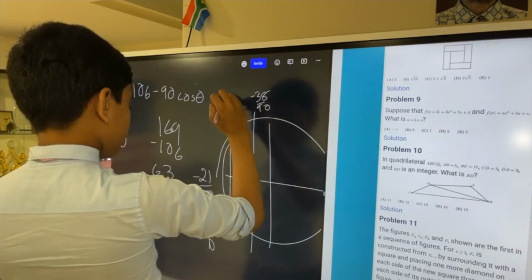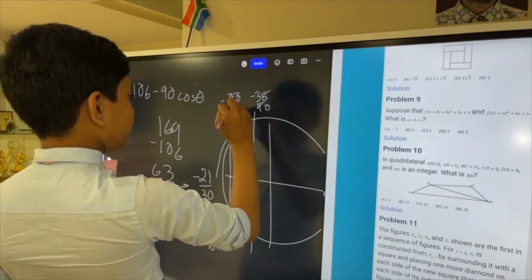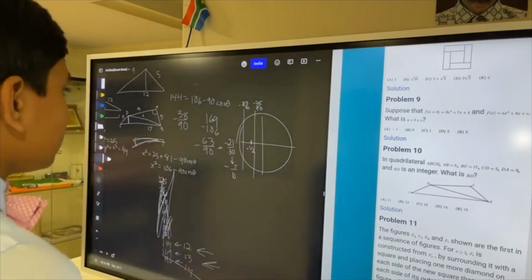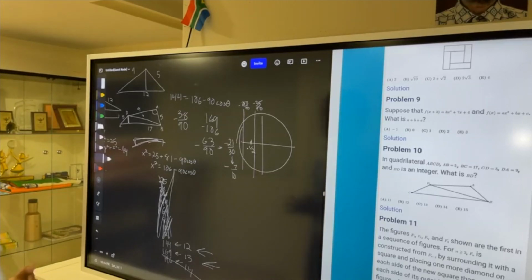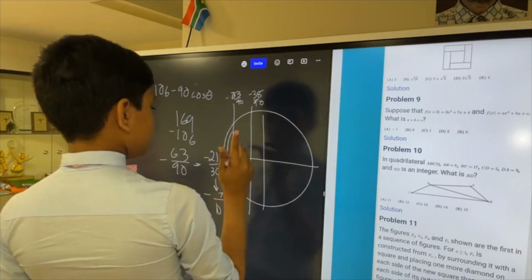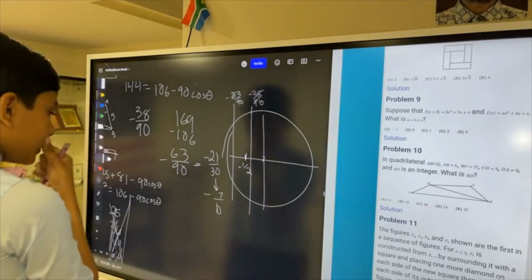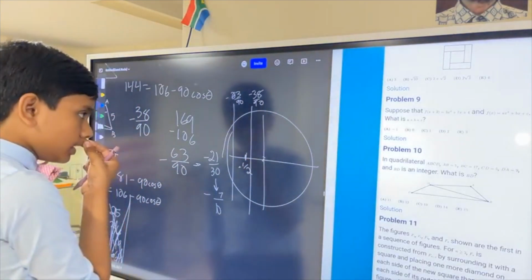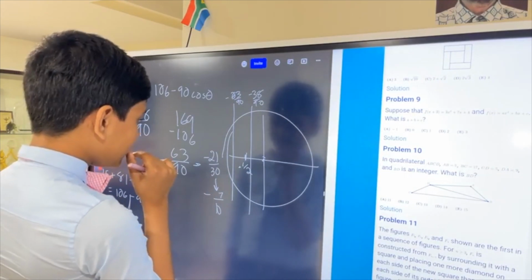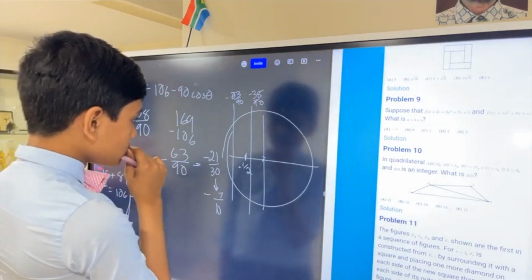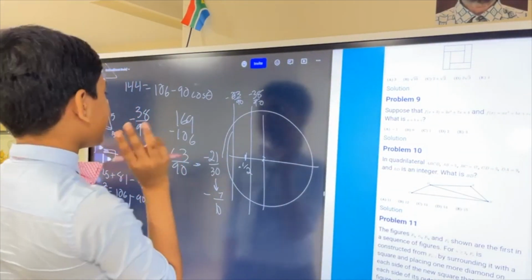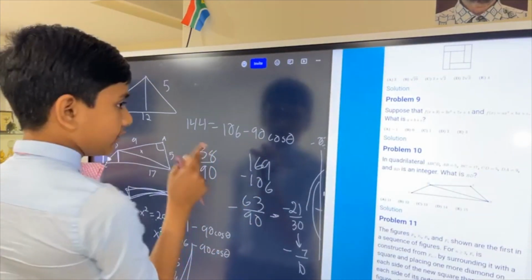So minus 63 over 90 we have over here. Minus 7/10 is a little bit less than 135 degrees.